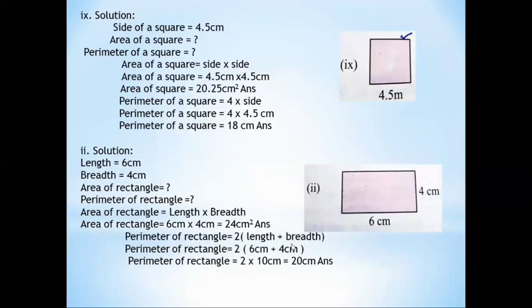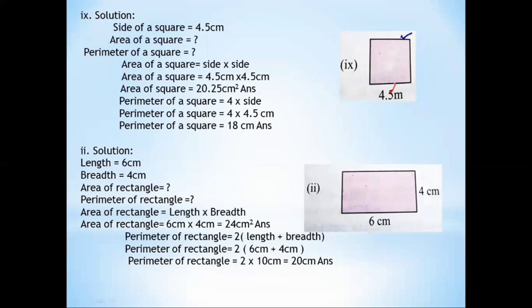Now, students, in the same way here we have part 9, the same relevant part of the square. First of all, we are given the length of one side, which is 4.5.